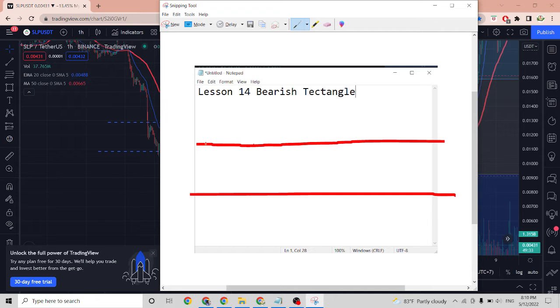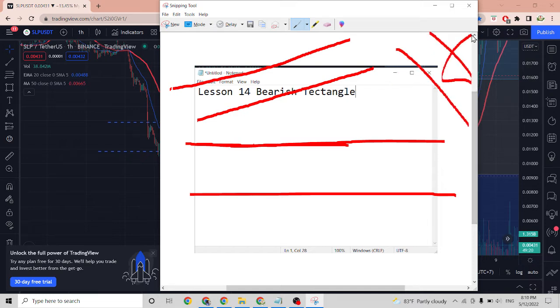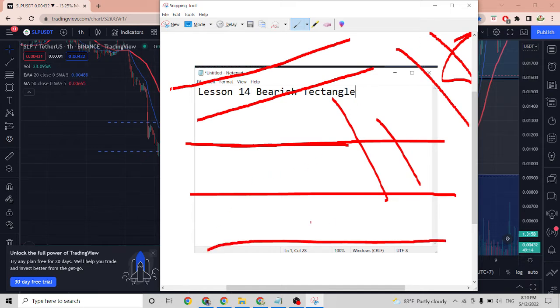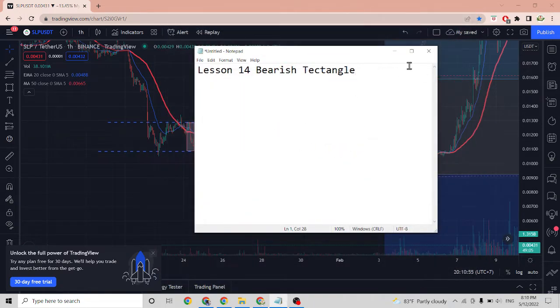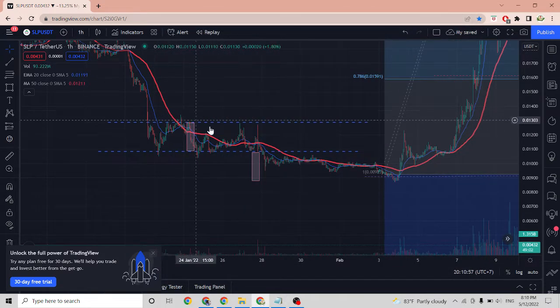It can be sideways like this, or it can be sideways in uptrend or sideways in downtrend. This is also called sideways. But our lesson happens on sideways like this, not sideways in uptrend or sideways in downtrend. Okay, so this is what we call sideways.